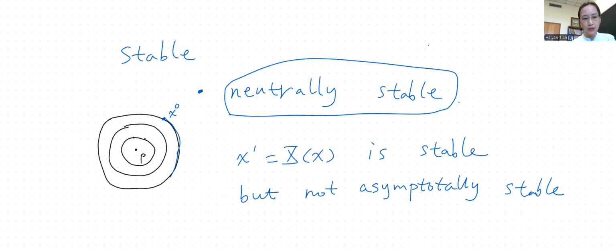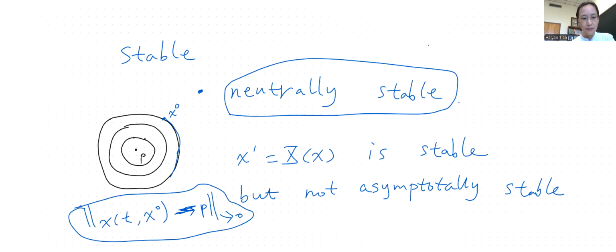But if you look at the solution curve with this initial data, it doesn't approach P. That means the difference between this solution curve and P is not approaching zero as t goes to infinity. So this is not asymptotically stable, but it is neutrally stable.